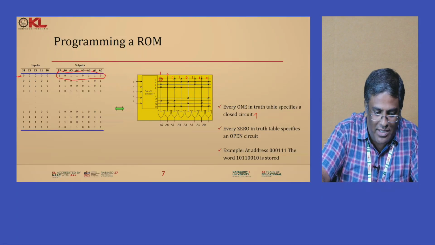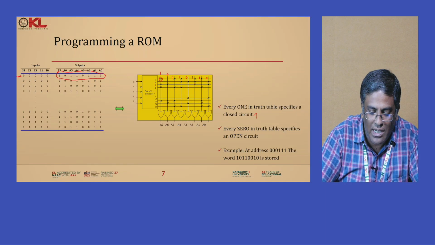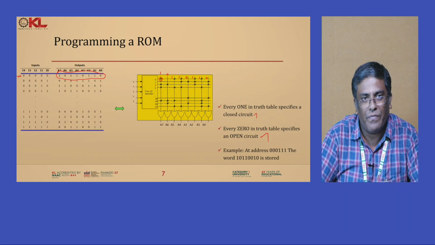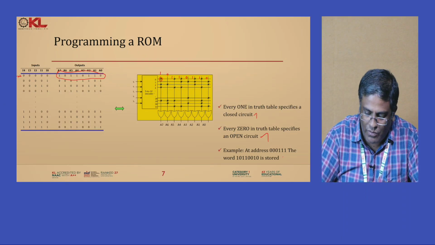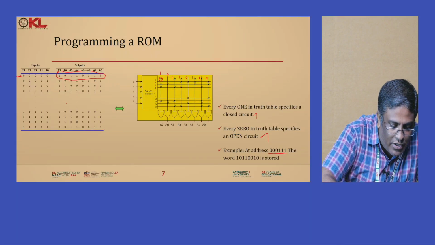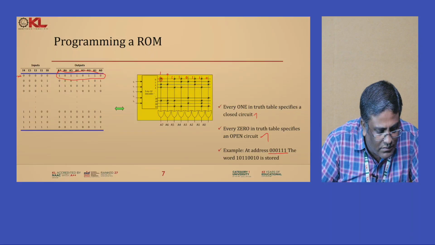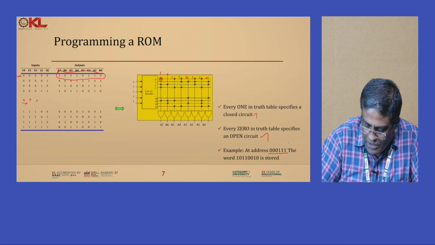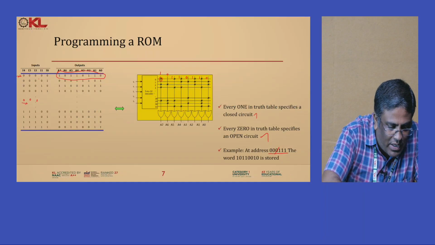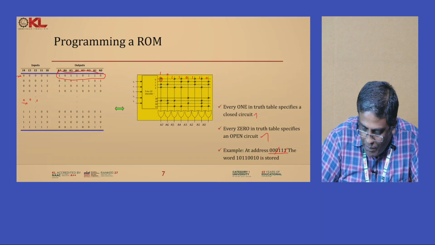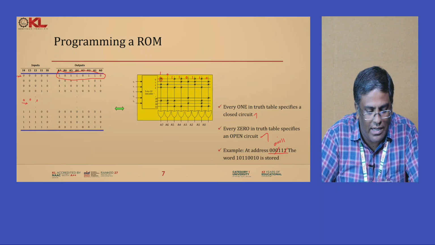We are just programming it, because that's what we are doing over here. And every 0 in the truth table specifies an open circuit. For example, if you are going to provide the address, where is the address 00011 available? Sorry, it is not 000111, it is 00011. Yes, 00011 is the address we can have.